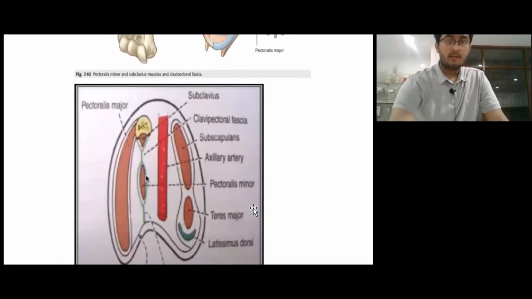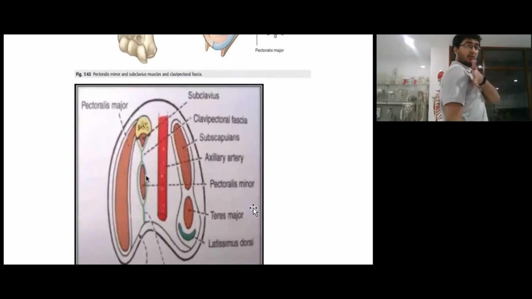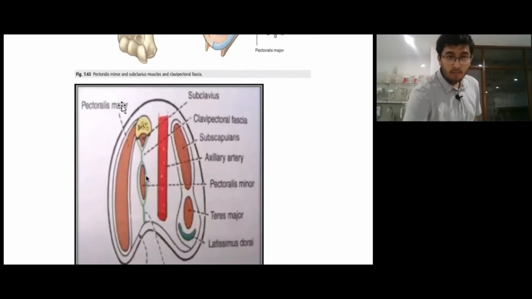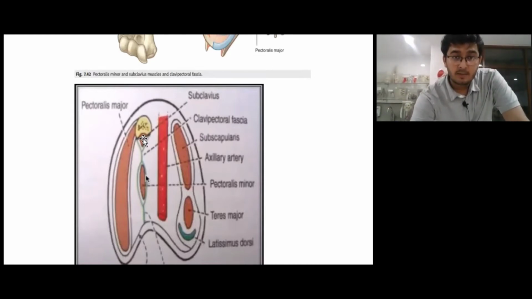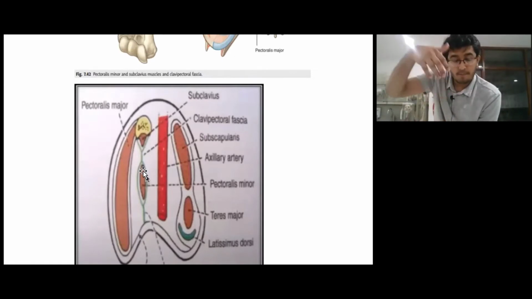This is another image, taken from the side, as if you're looking at me from the side. So we can appreciate the anterior wall and the posterior wall. The anterior wall is formed by the pectoralis major, the subclavius muscle, and the pectoralis minor muscle. The subclavius and pectoralis minor are attached by a fascia called the clavipectoral fascia.